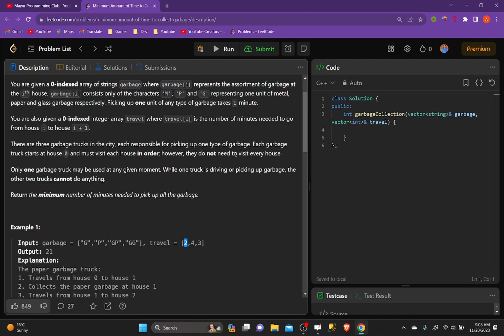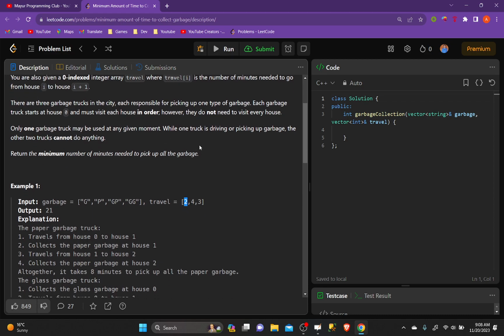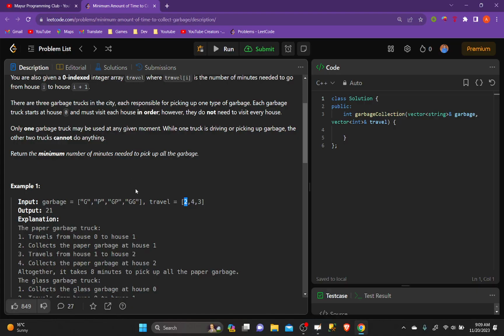They do not need to visit every house. So there is no need to visit every house, but the houses that they will be visiting should be in order. What the problem statement means by this is, let's take this example only.